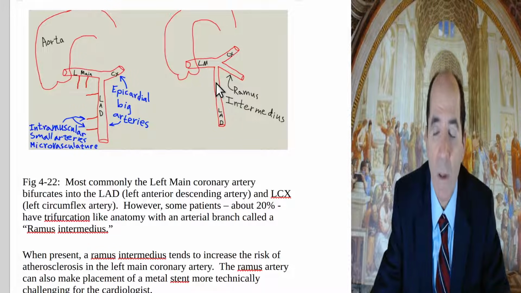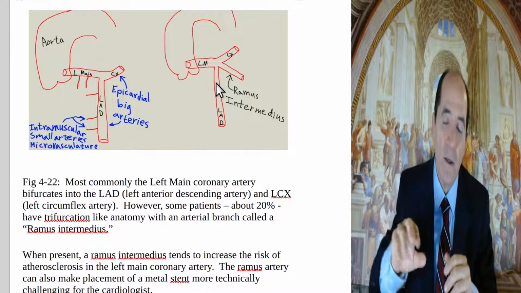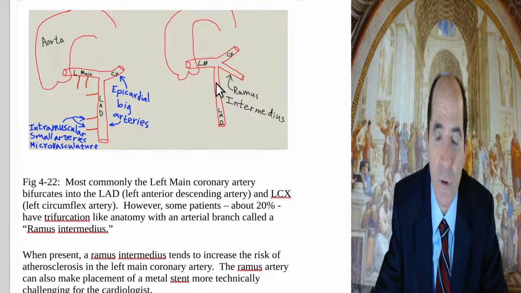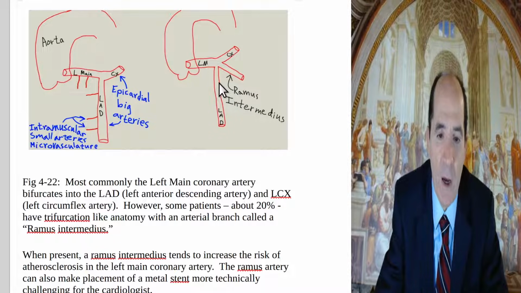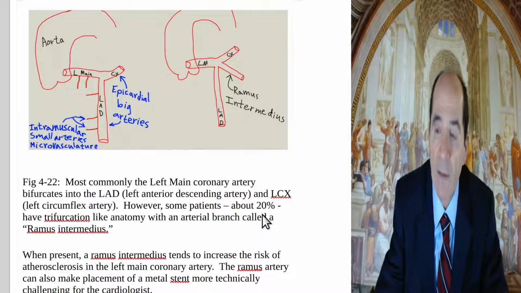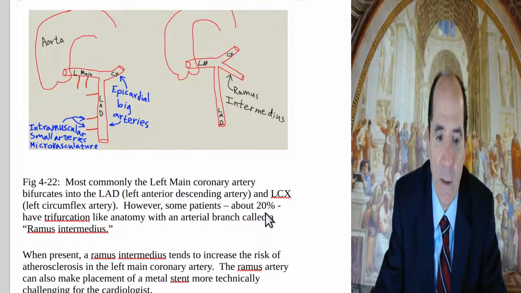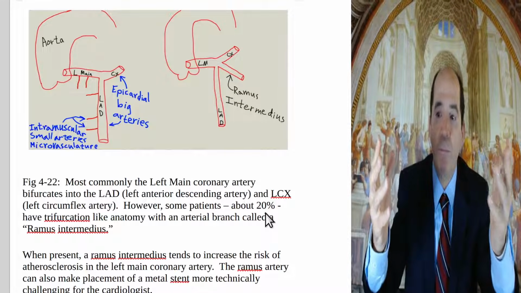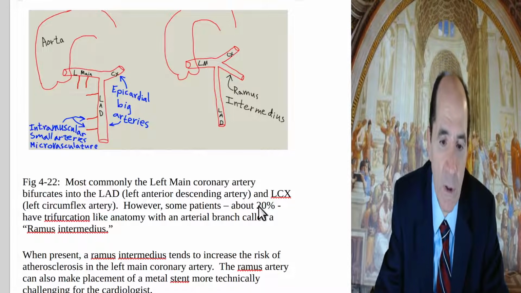When the artery is small in diameter, it's harder to do a surgical bypass, it's harder to place a stent. So they're more difficult to work in small arteries. So what I'm saying is, 20% of people got a ramus intermedius. That increases your risk of having coronary artery atherosclerosis and having a difficult situation to revascularize with stent or with CABG or a cardiac event.